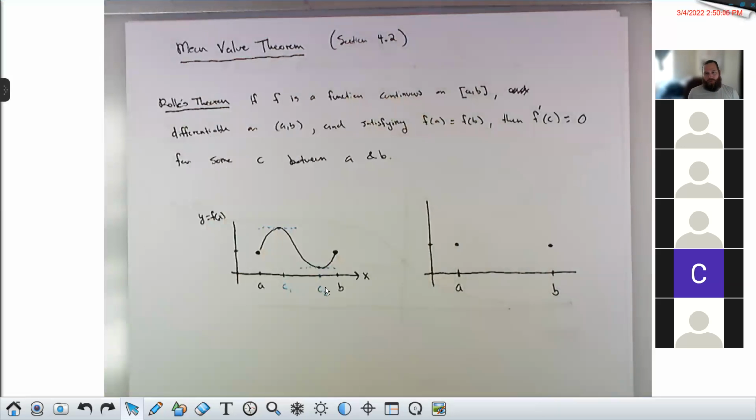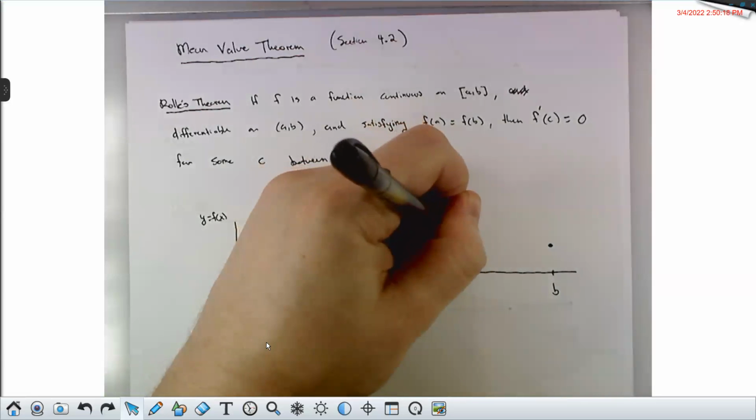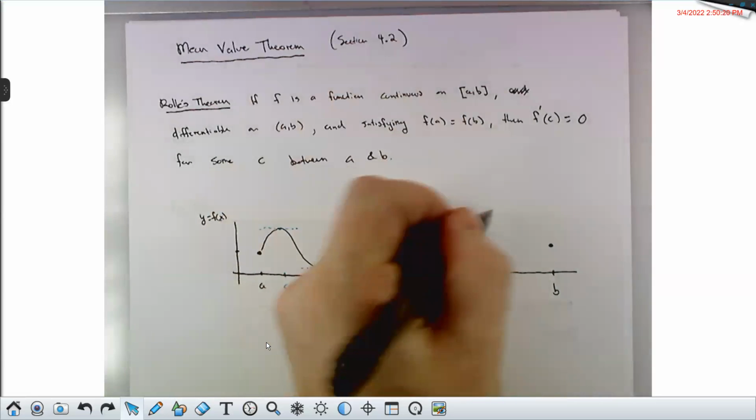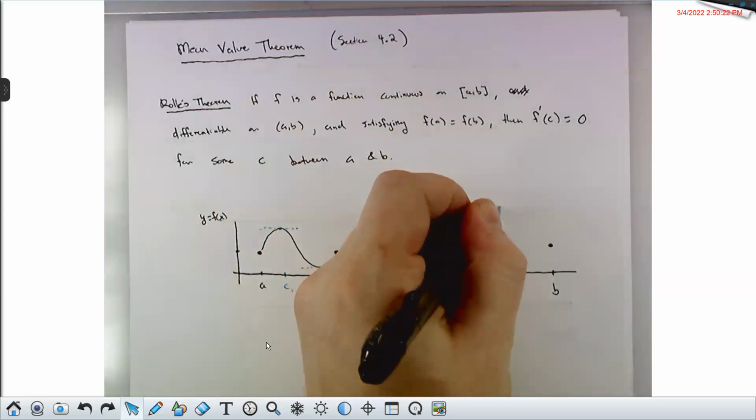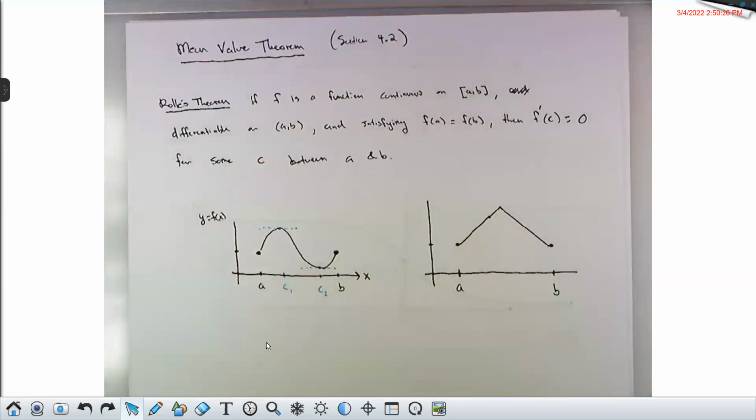Can anybody imagine what such a curve might look like? A V. Very good. Yeah, like a V-shaped thing. Anything that is kind of pointy would do the job.